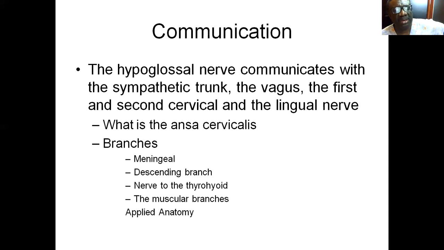Now, you must understand what the ansa cervicalis is. And I also want you to check the following branches of the hypoglossal nerve: the meningeal, the descending branch, the nerve to the thyroid, and the muscular branch.